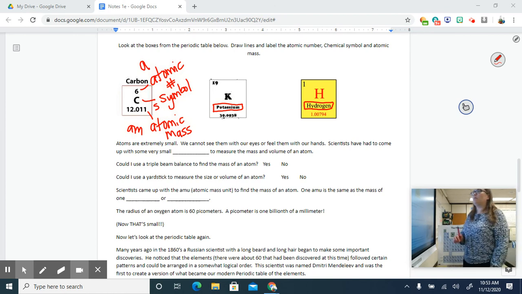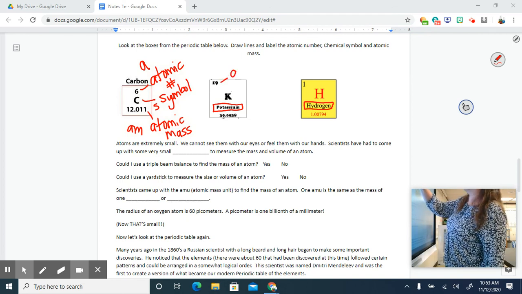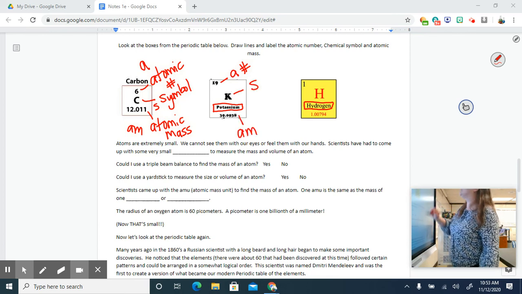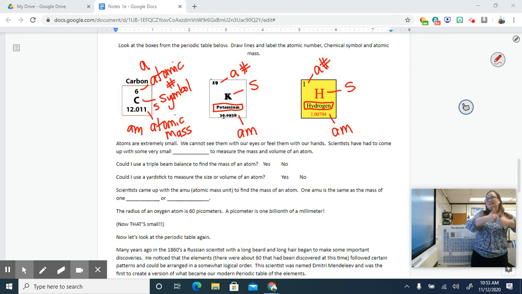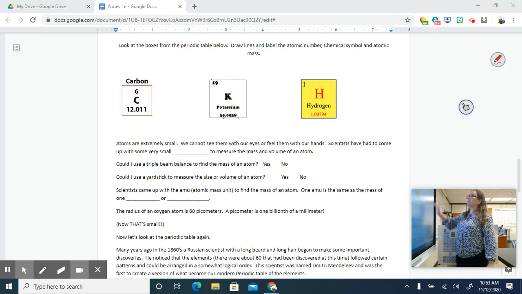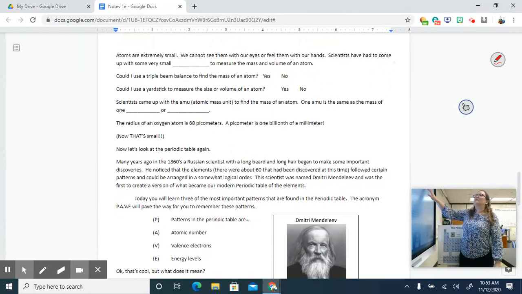All right, you unpaused. So this is the atomic number. This is the symbol, and that's the atomic mass. That's the atomic number. That's the symbol. That's the atomic mass.